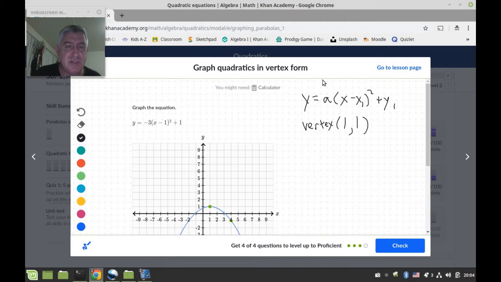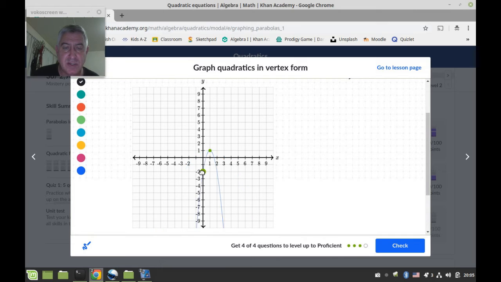What happens if I just put in 0? I could just put in 0. 0 is an easy number. So 0 minus 1 squared times -3 plus 1 is equal to -3 plus 1 is equal to -2.